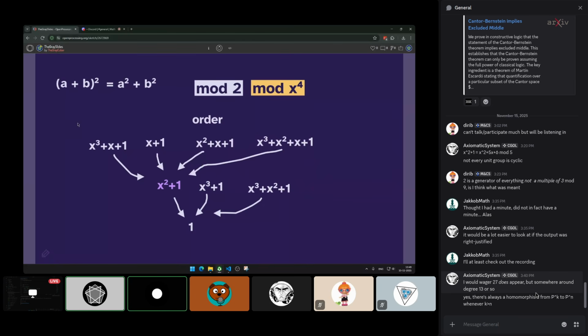Like the cube terms are all of the cube terms are always irrelevant. Yes, and the square terms. Right, that too. And so if we're in some mod x to the n, any term that is higher than half of it will be irrelevant when we square it.